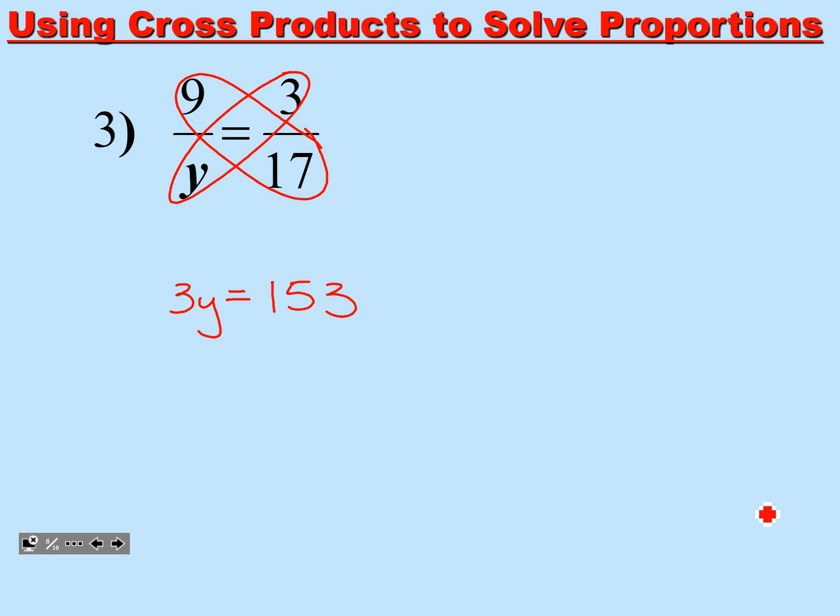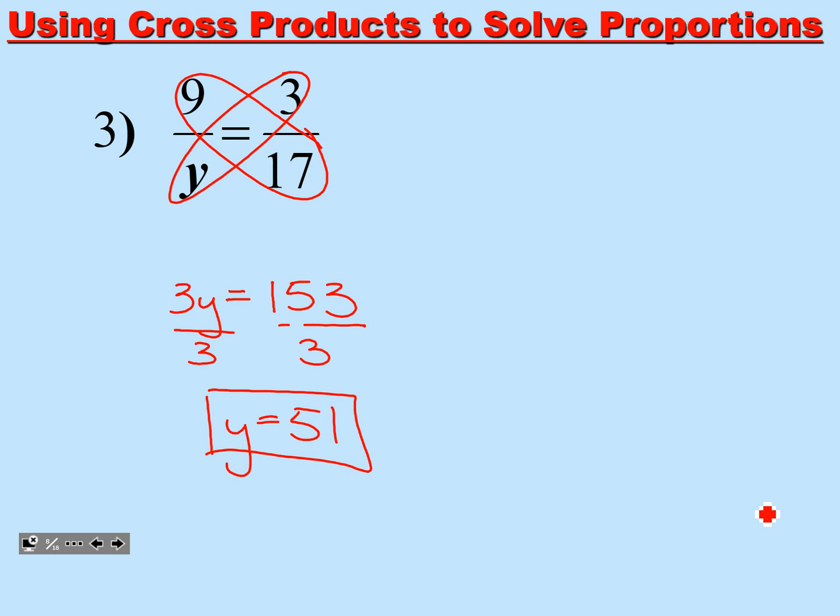So what I'm going to do now is divide both sides by 3. And therefore y is equal to 51. Again, cross multiplying, you could have used the multiplication method or division method to figure out what y is. But remember, the cross multiplication method also works.